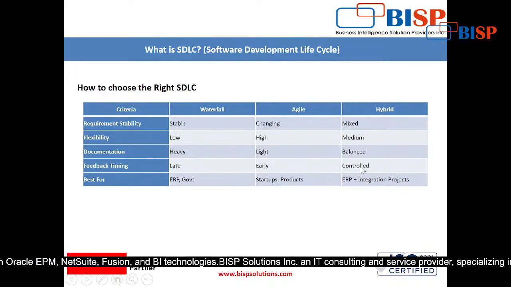And in hybrid, it is controlled. Waterfall is best for ERP projects, government projects, because whatever the requirement is taken, immediately it should be launched. Agile model is good for startups, products, right?